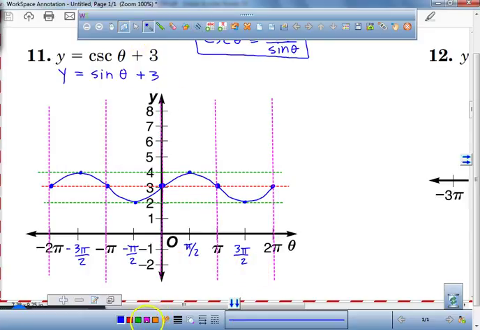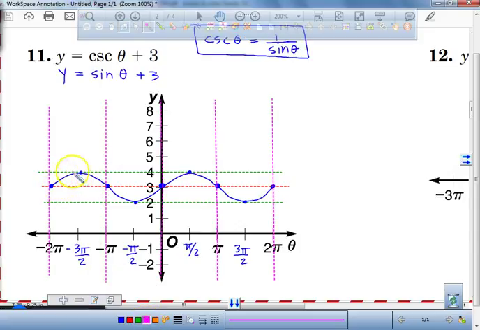Now, here's my final thing. As the sine graph goes like this, the cosecant of theta graph is going to share this point right here, and it's going to go up on either side. So this graph comes down, touches that point and goes right back up. This one goes up, touches this point and goes right back down.